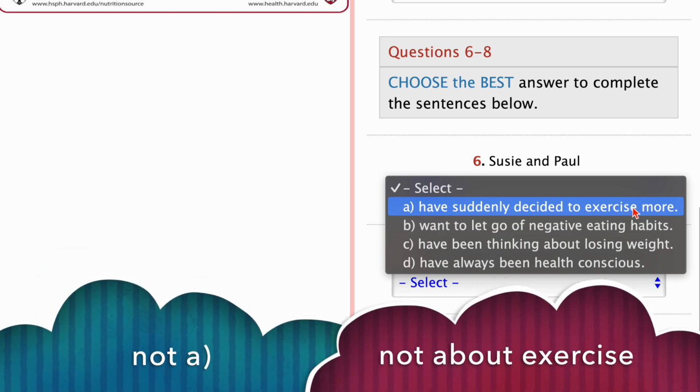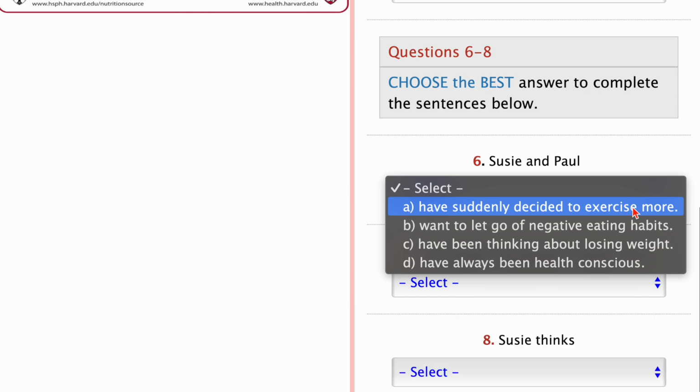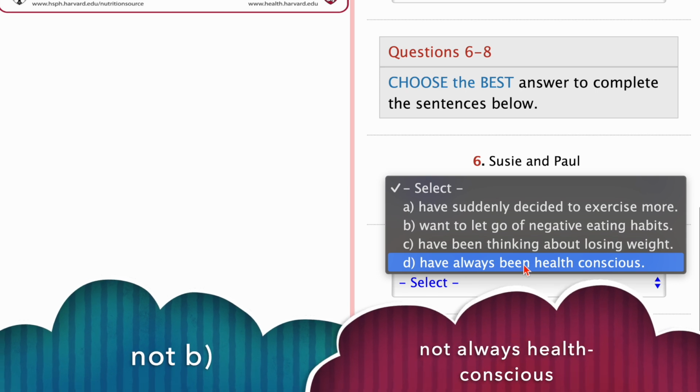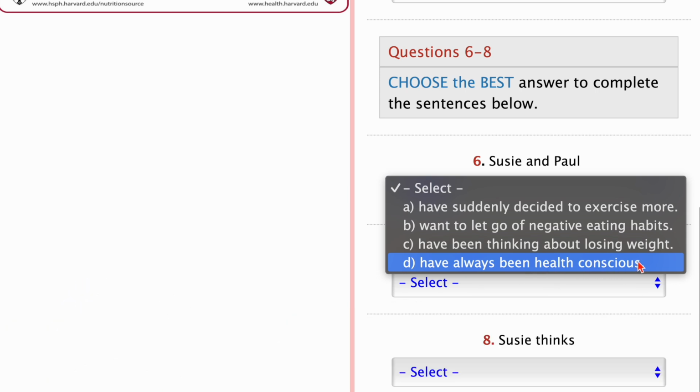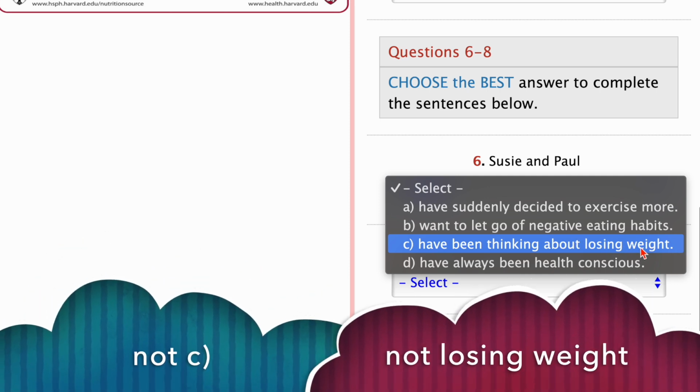It's about eating, right? Also, it's not D because they have always been. No, they want to start being healthy or health conscious, thinking about being healthy, okay? And also, it's not C because they don't talk about losing weight, okay?